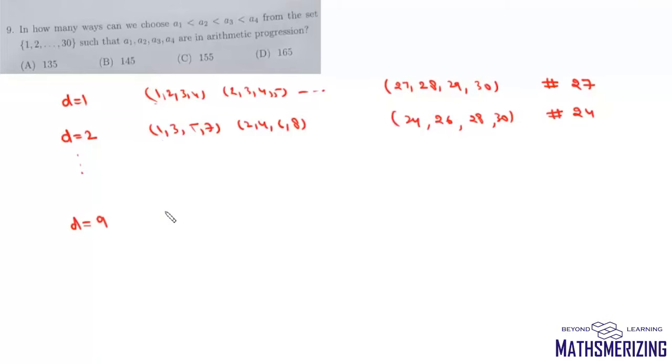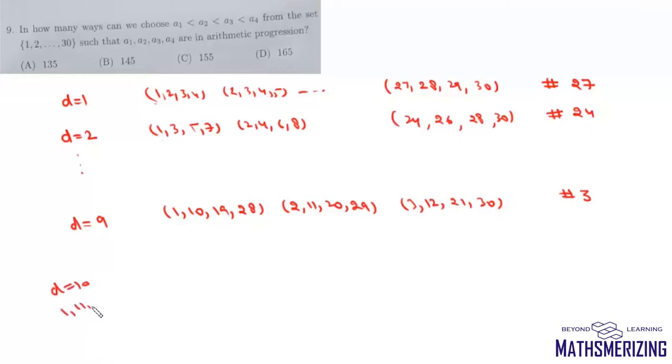If we take common difference as 9, we'll get 1, 10, 19, 28, or 2, 11, 20, 29, or 3, 12, 21 and 30. So we have 3 cases here. Now if we take d as 10, then we get 1, 11, 21 and 31. 31 is not there. So these are all the possible combinations.